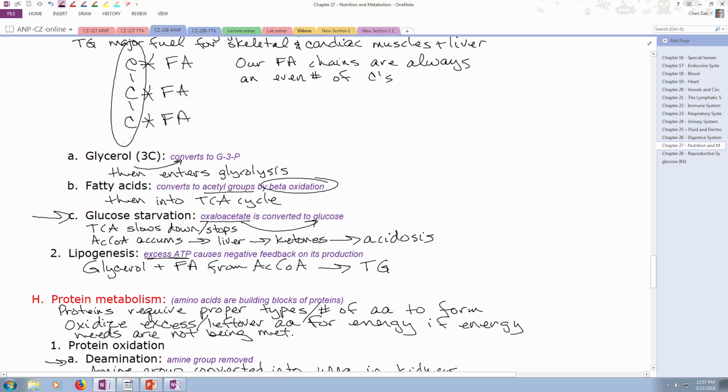And if you have run out of carbs or glucose and are therefore using this, that's where the glucose starvation story feeds in, because the brain is an obligate glucose feeder, and we need to have glucose for the brain, and it will rob the TCA cycle of OAA to make glucose.